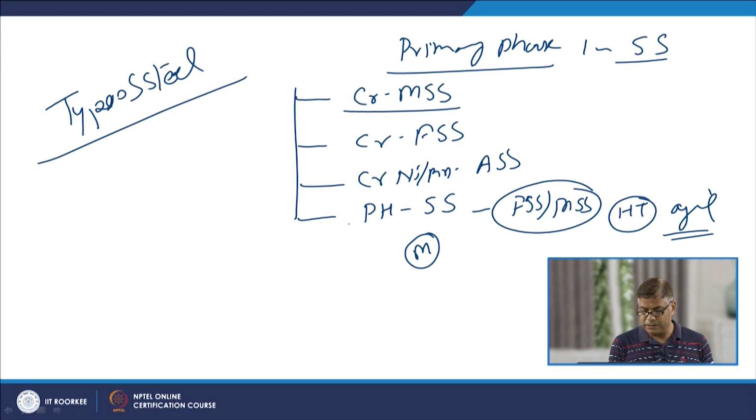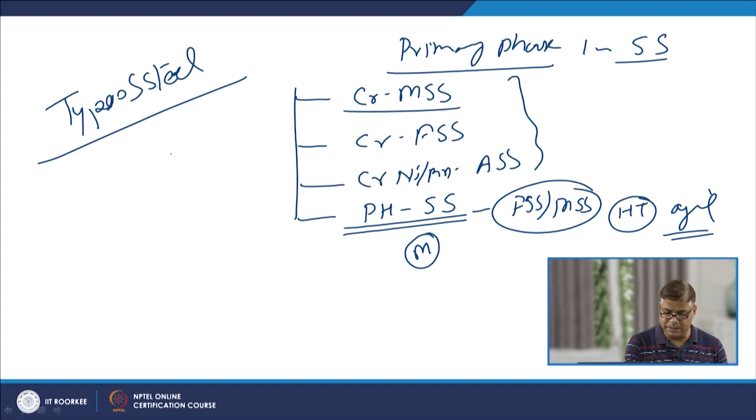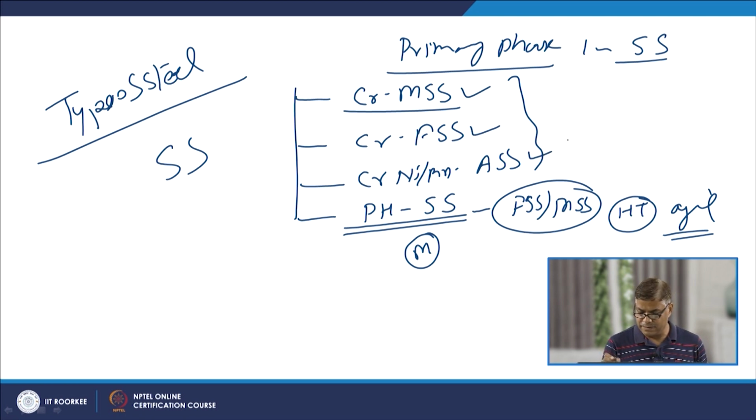So, strengthening comes from the precipitate formation or the martensite formation, and in all other cases there are four common types of stainless steels: martensitic stainless steel, ferritic stainless steel, austenitic stainless steel, and precipitation hardenable stainless steels.